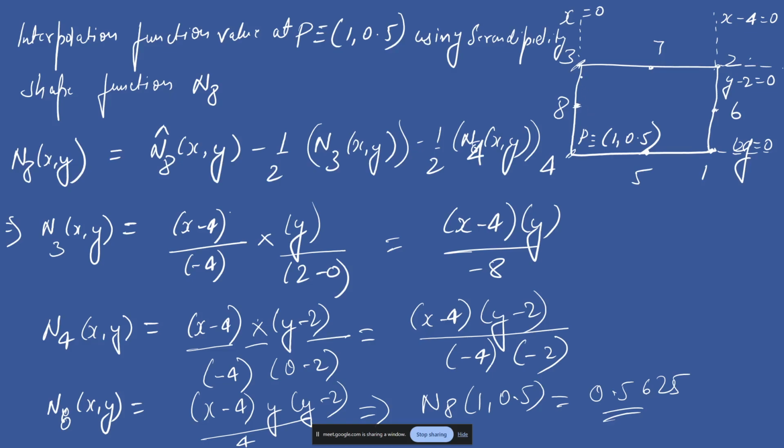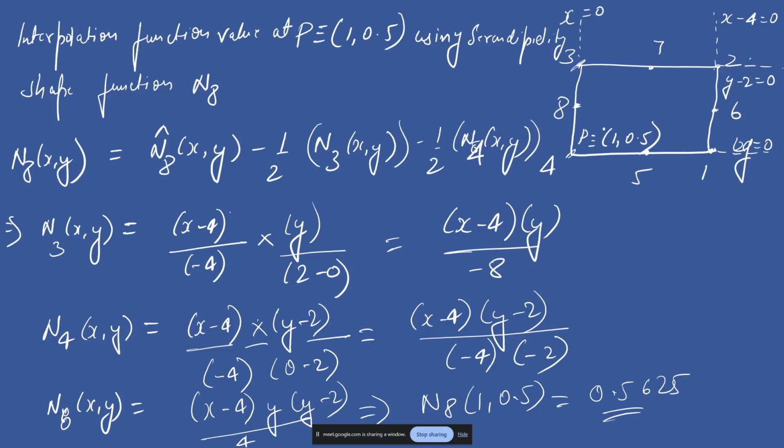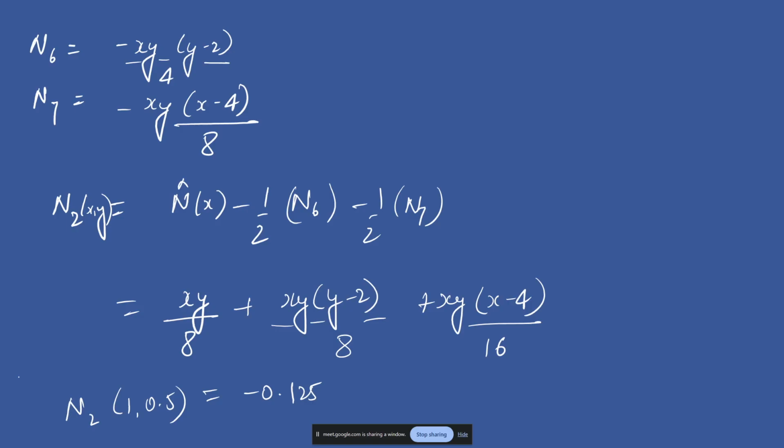So that is how you are going to evaluate the interpolation function value at the point of our interest, which is the point P, using this particular shape function N8 x comma y. So the final answer is 0.562.